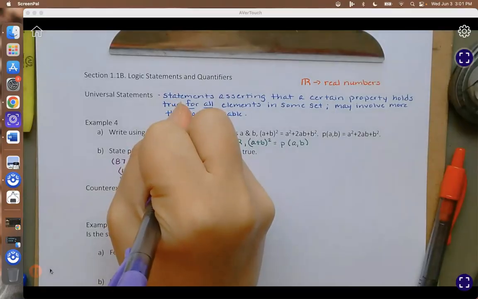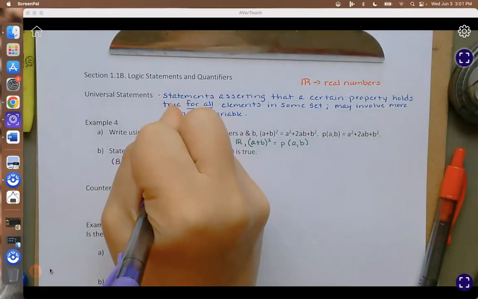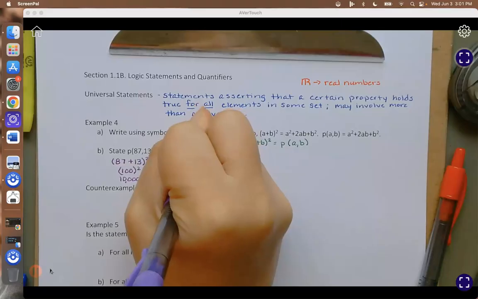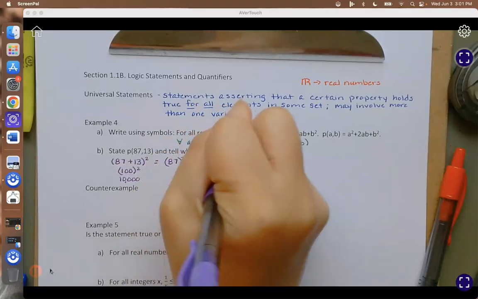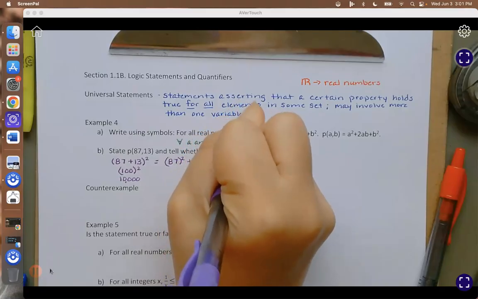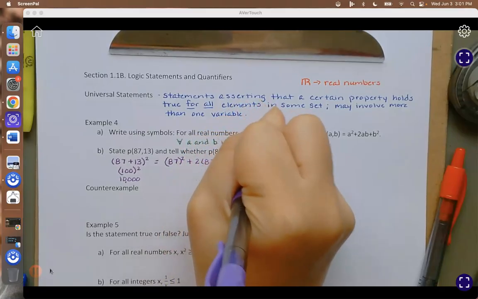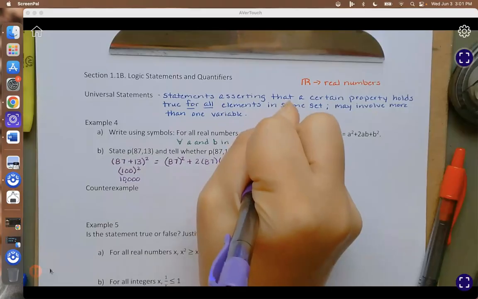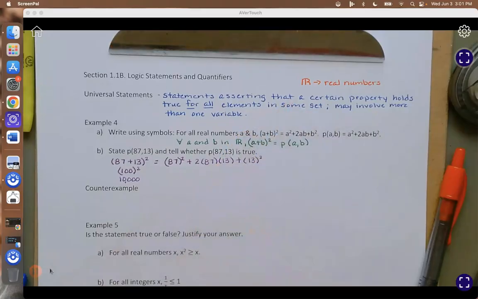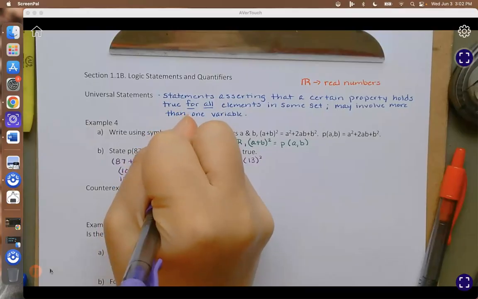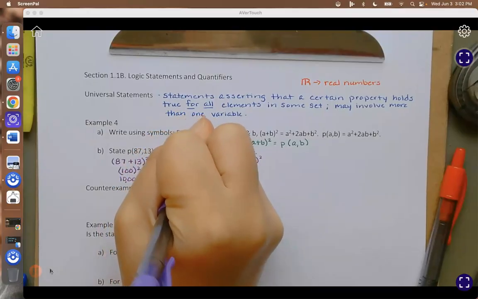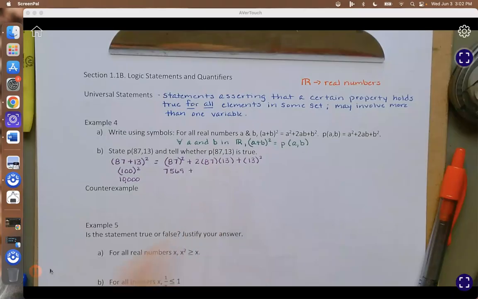So a squared, 87 squared plus 2 times 87 times 13 plus 13 squared. So I put parentheses around the things that got plugged in here. So 87 squared is 7,569.